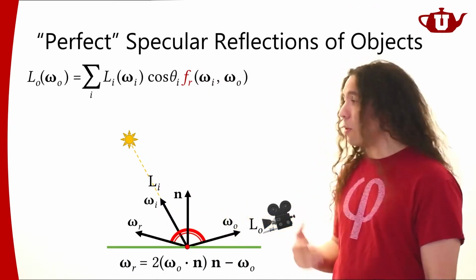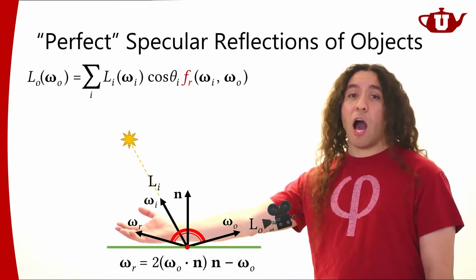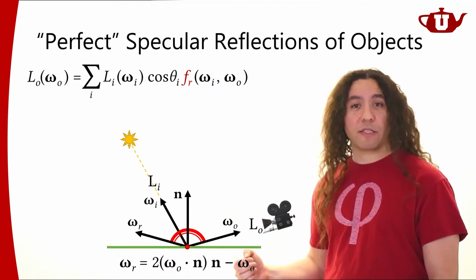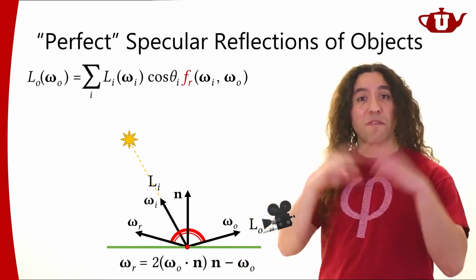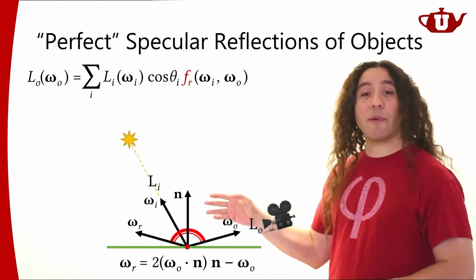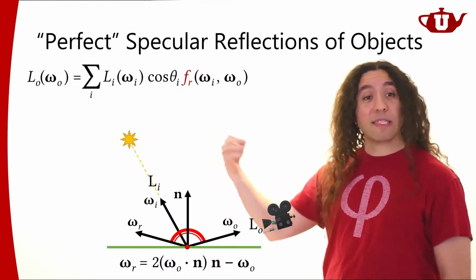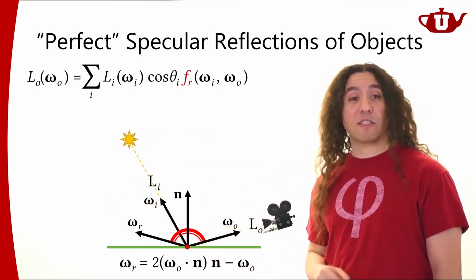All right, so what I need to know is how much light is coming from this direction. For my simplified shading model, light is coming from my light sources. It's also coming from this perfect reflection direction.